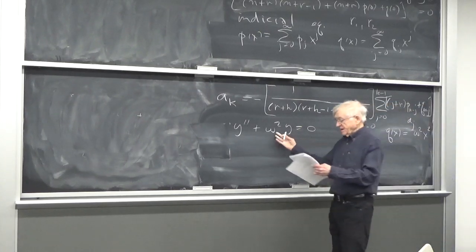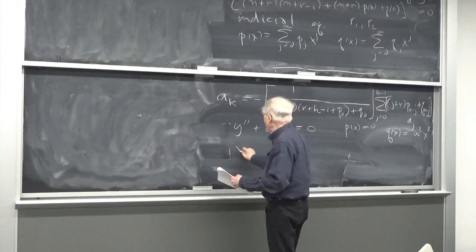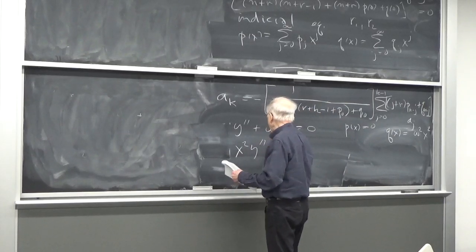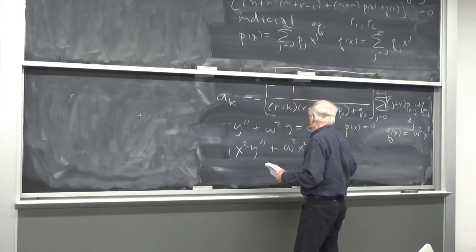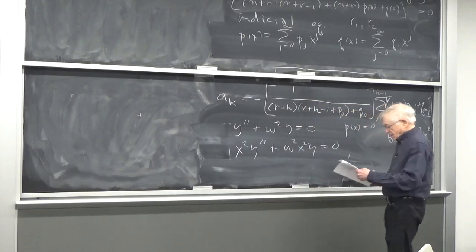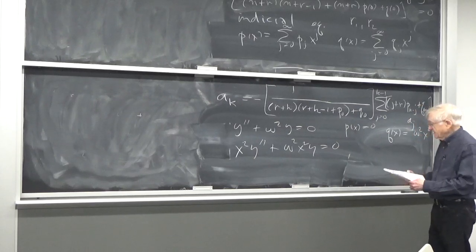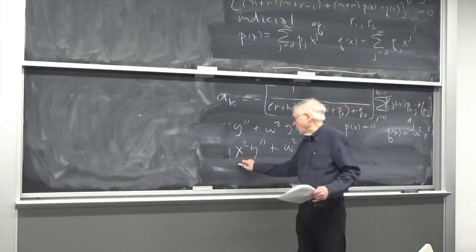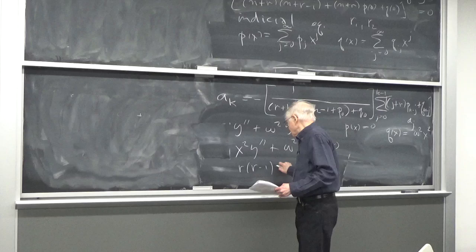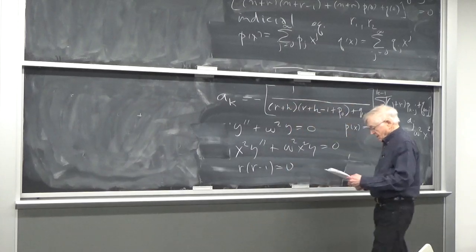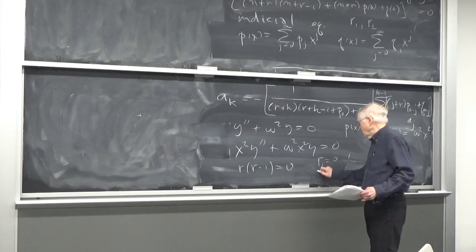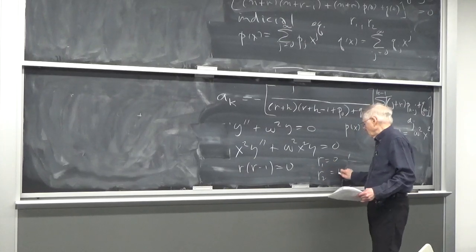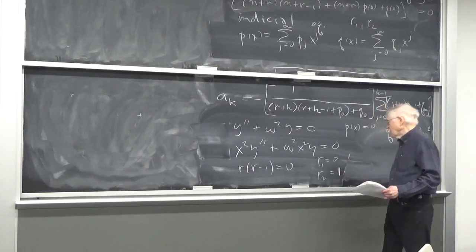That is to say, after we've written this equation in the form x squared y double prime plus omega squared x squared y equals 0. The initial equation then is r times r minus 1 equal to 0, and so the roots are r equal to 0, and r2 is r equal to 1.